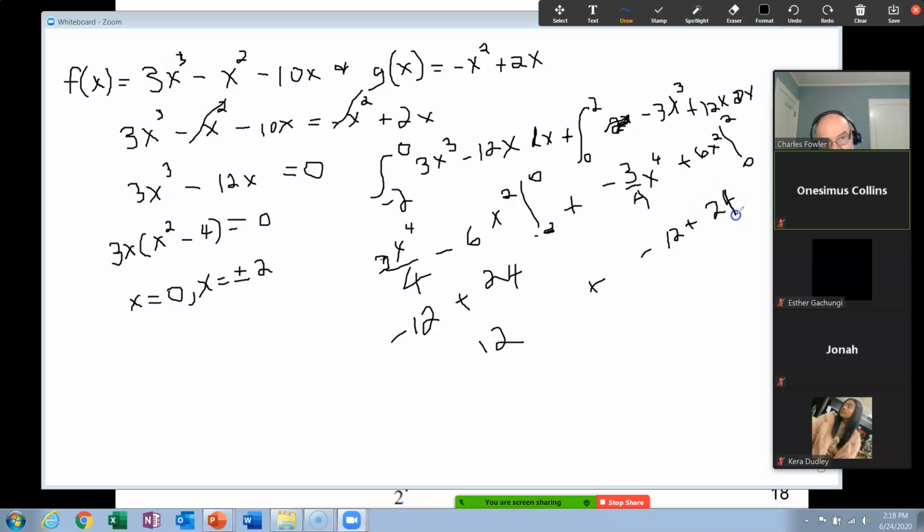And then when you plug zeros in, you get nothing, 0. So this gives you a 12, and 12 plus 12 is 24. So sure enough, those are the same values under each curve.